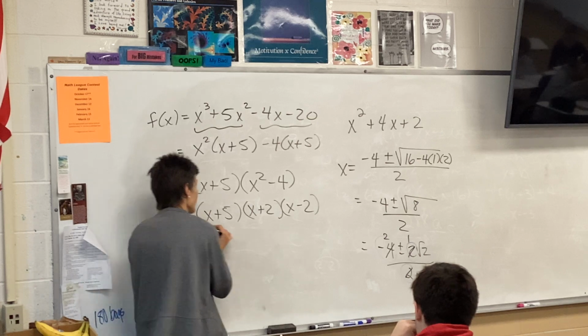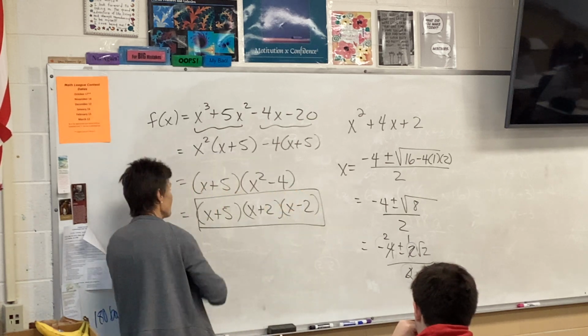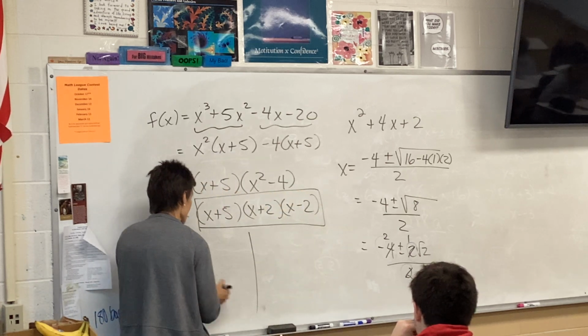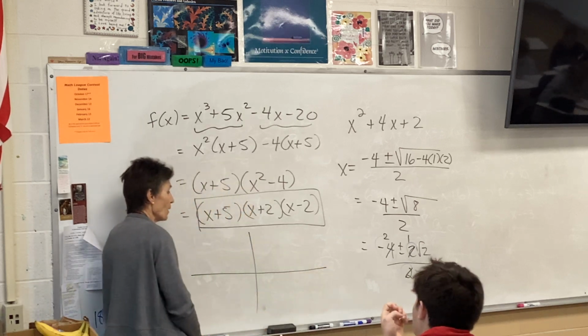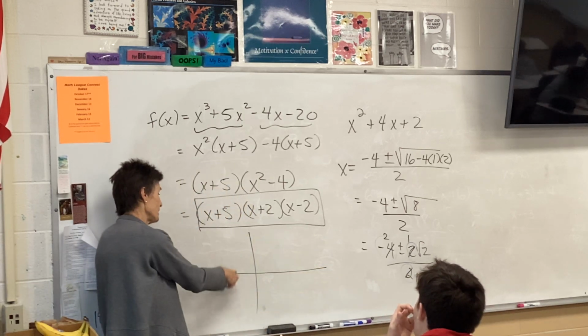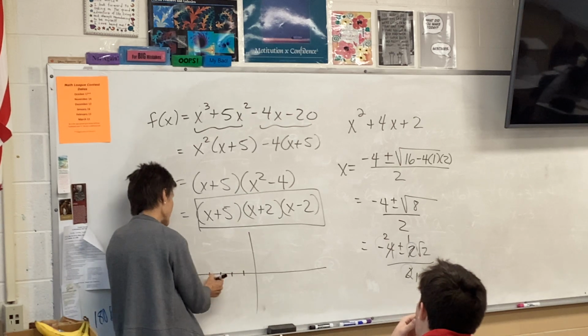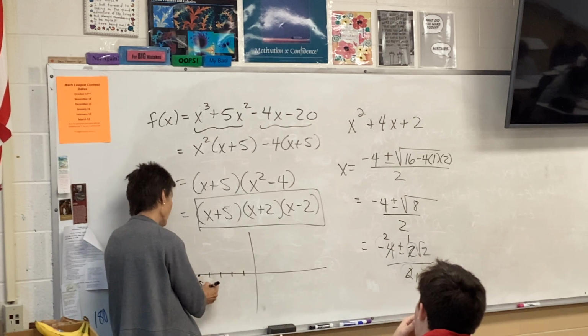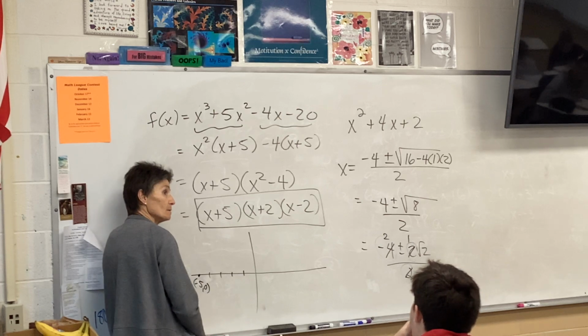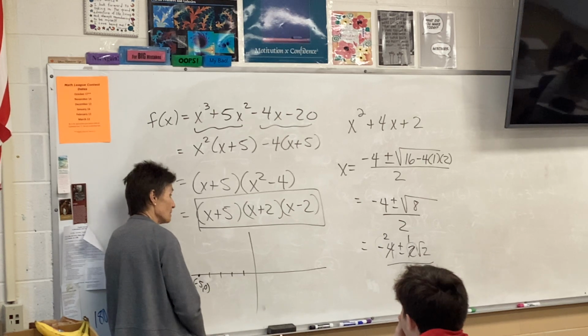Okay, so what am I supposed to be doing? Sketching. Here are the factors. Now I'm going to sketch it. So how do I go from here to here now? I'm going to put all my x-intercepts on, and I'm going to label them, always.